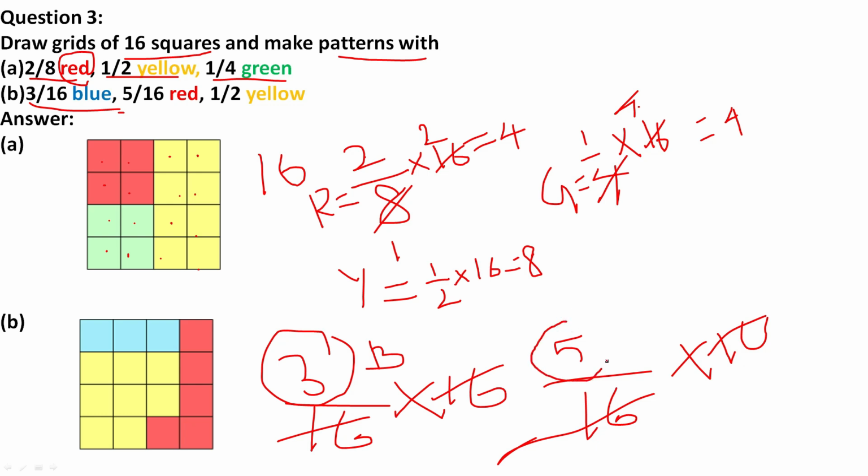So 5 boxes you have to give red. 1 2 3 4 5. So the remaining half of the square grid is yellow. Out of 16 half is 8. So 8 squares you have to give yellow color.